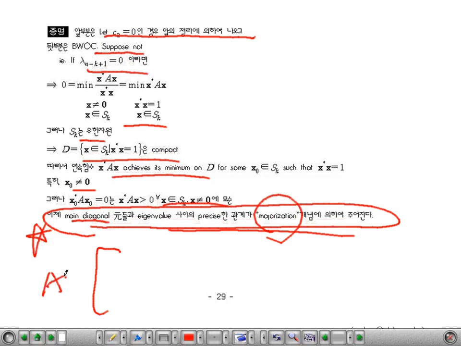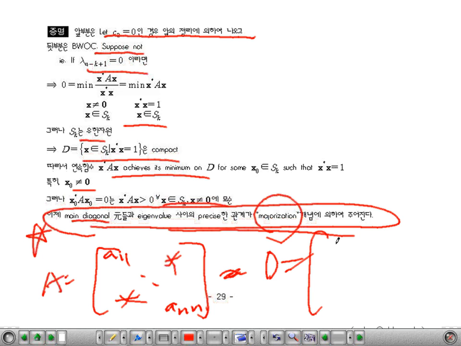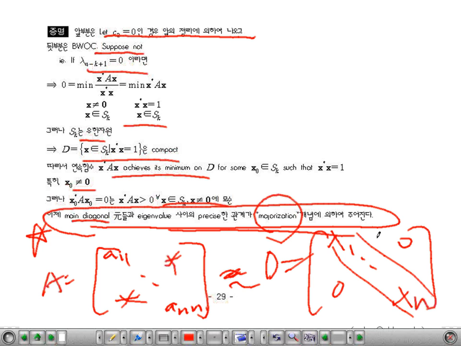You have a matrix A here, A11 to ANN. You have a diagonal matrix of eigenvalues. Suppose A is similar to this diagonal matrix.